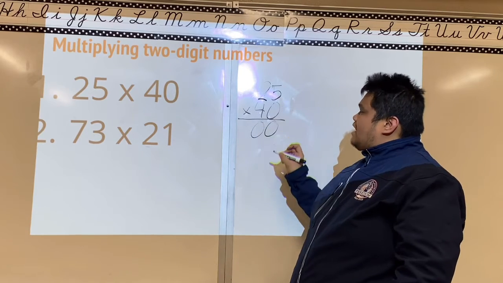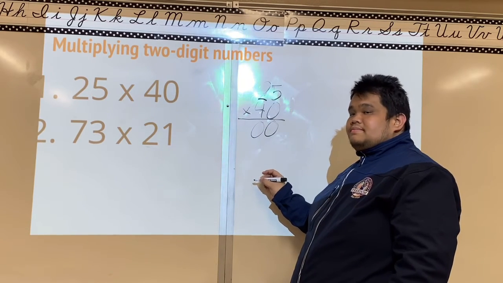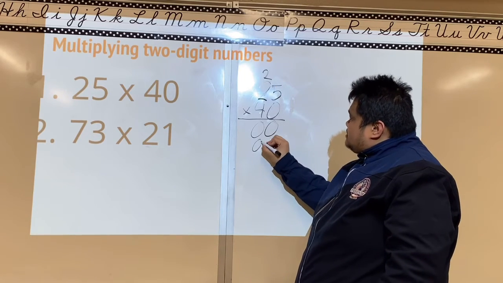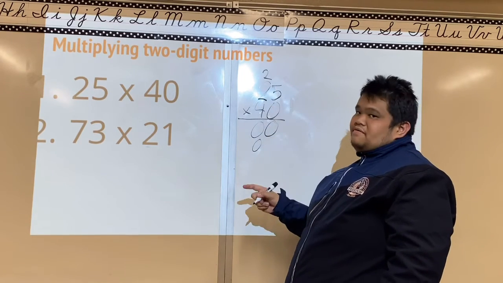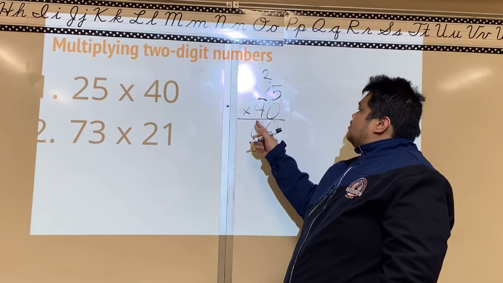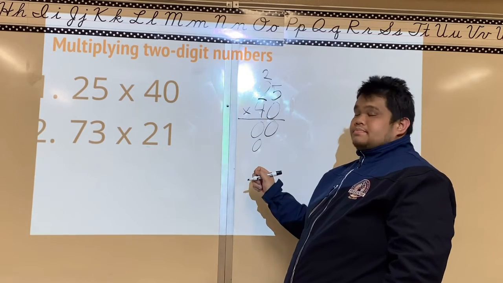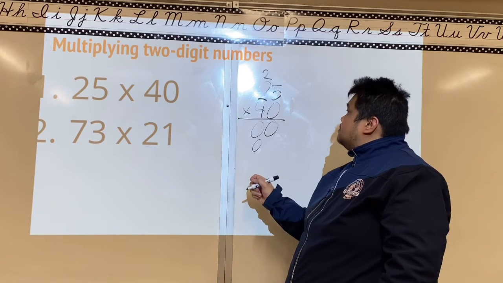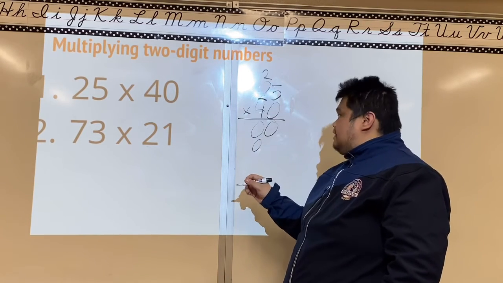Next, 4 times 5. 20. Put 0 there. Then put the 2 above the 2. So next, 2 times 4. 8 plus 2. 10.